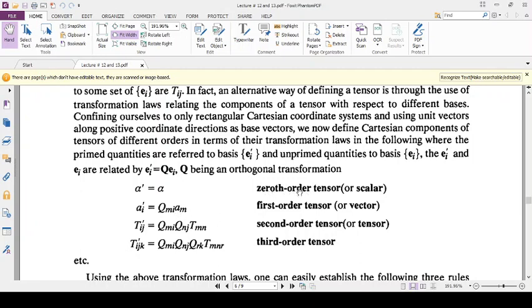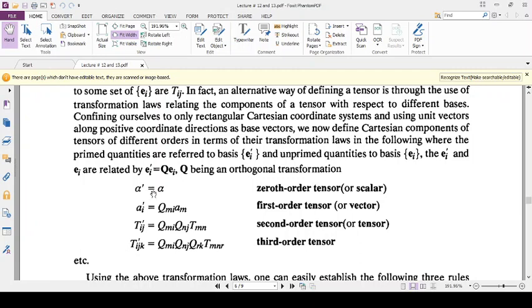Why is it a zeroth order tensor? Because it has no free index. Third order has three free indices, second has two free indices, first has one free index. So zeroth must have zero free indices. When there is no free index, it means that prime and unprime are the same.